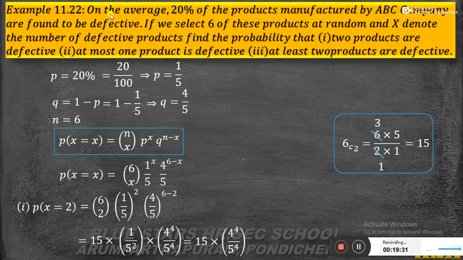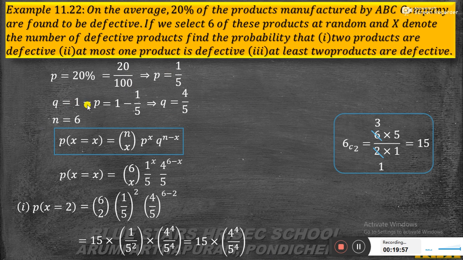So on the average 20% of the product manufactured by ABC are defective. So I denote p equal to 20%, that means 20 by 100, which means p equal to 1 by 5.